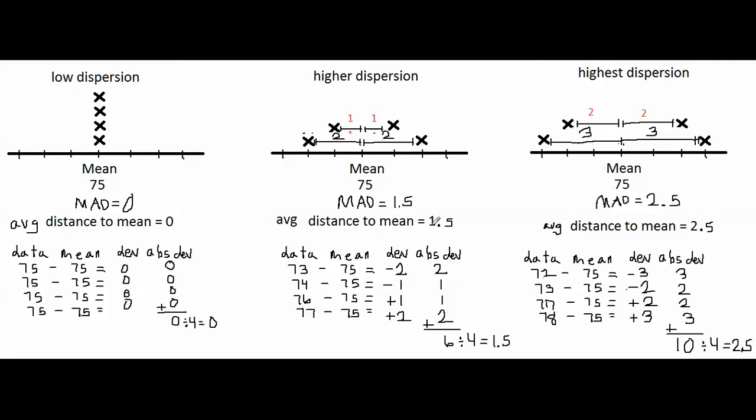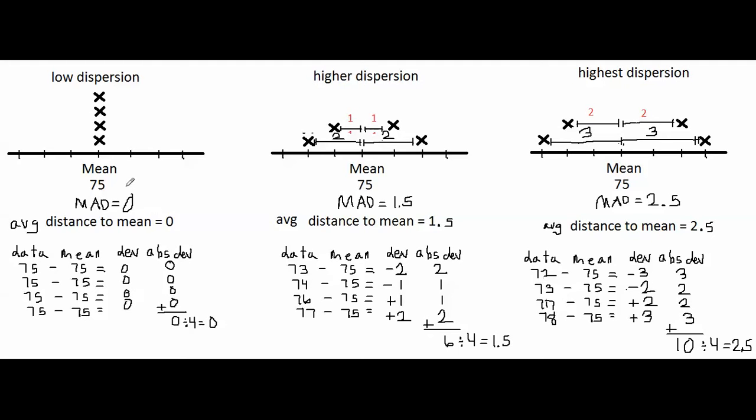Now the MAD is a pretty simple and straightforward way of measuring the spread of the data. But actually, the MAD isn't commonly used as a measure of dispersion. And in a few minutes, I'll get into the reason why it's not used. But first, I want to show you the value that actually is commonly used, which is called the standard deviation.